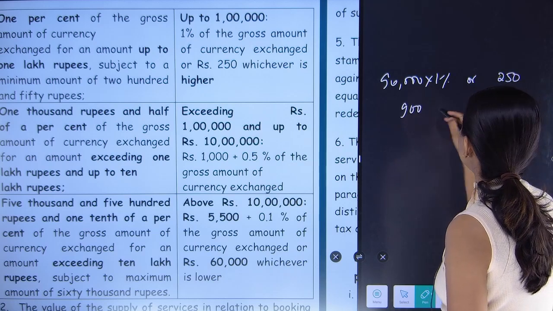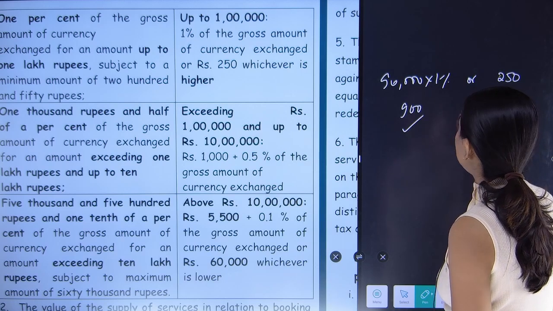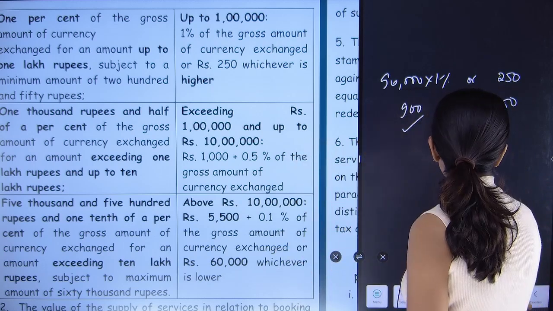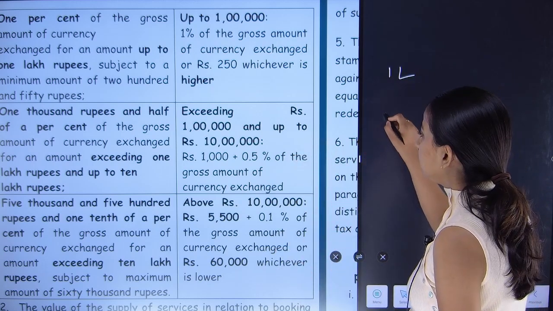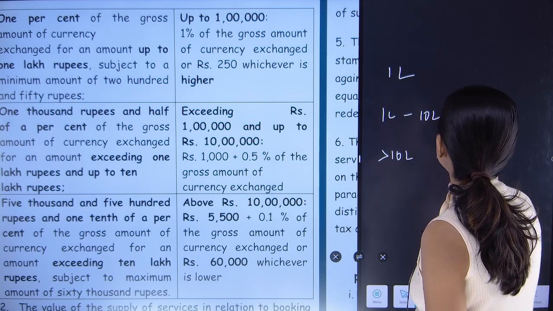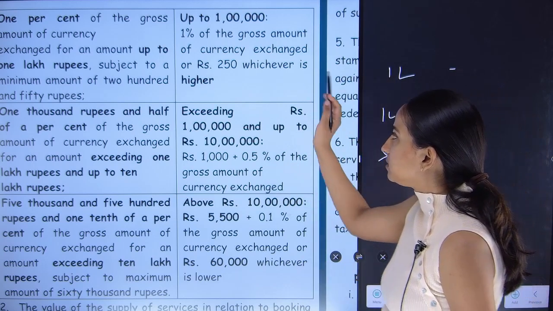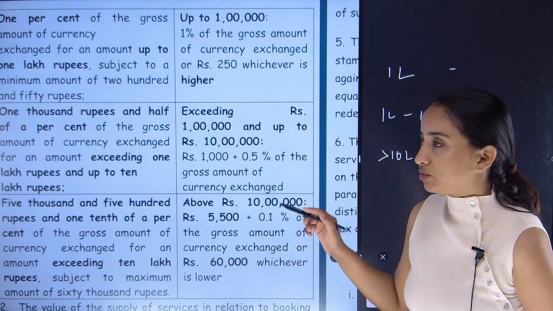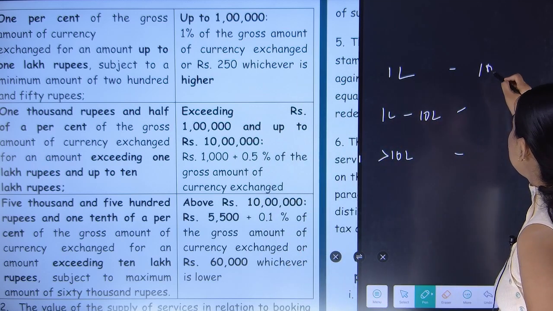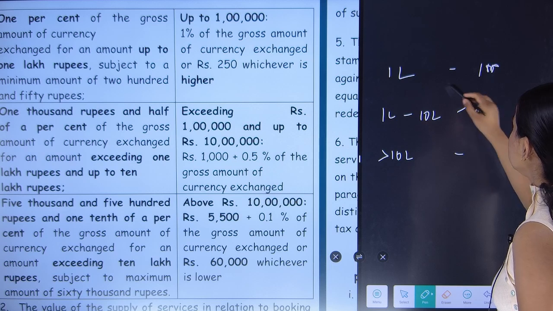So this will be 900 or 250, whichever is higher, you'll take this. Clear? Okay. So you have slabs of up to 1 lakh, 1 lakh to 10 lakhs and then above 10 lakhs. So here you will just see the slabs. Please remember 1% will be 1000 rupees or 250, whichever is higher. Here again on this slab you would have paid 1000, right? So again it will be 1000.